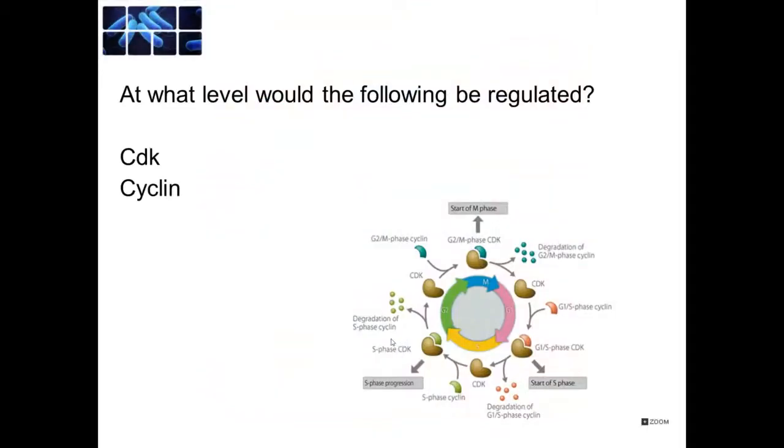All right, so let's think about some examples that we've learned about. We talked about cyclin-dependent kinases and we talked about cyclins. Remember that cyclin-dependent kinases are pretty much present in the cell all the time, and the kinases are made and then degraded, and then made and then degraded.